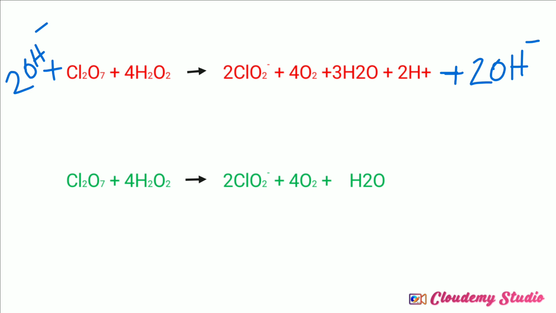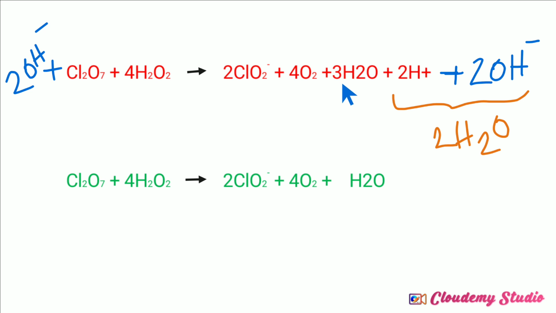So after adding that, what will it become? This 2 H plus and 2 OH minus will become 2 moles of water. Already here 3 moles of water is present on the right hand side. Now after the addition of 2 moles of hydroxide ion, we have got 2 moles of water. So this 2 moles of water we need to add with the 3 moles of water.